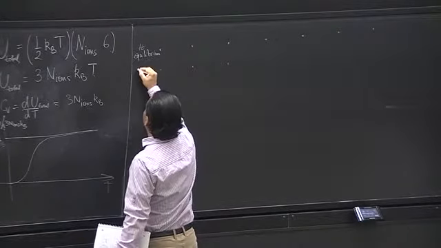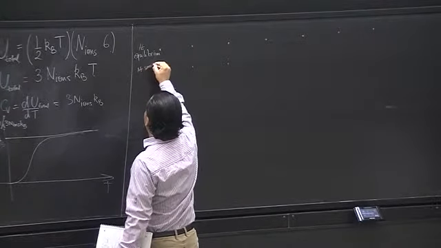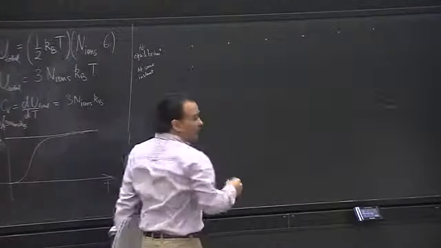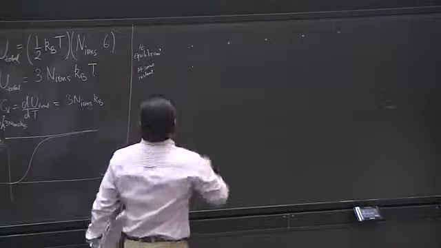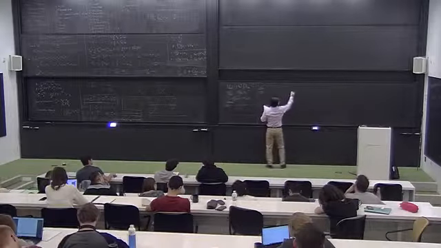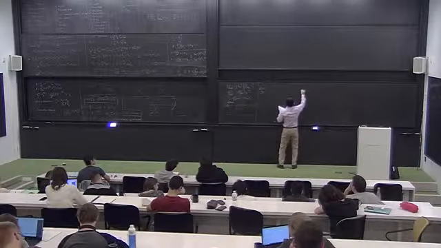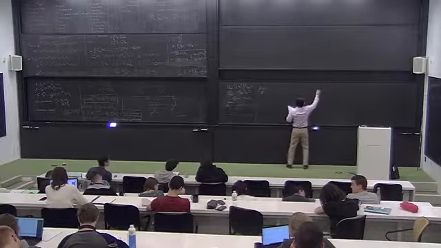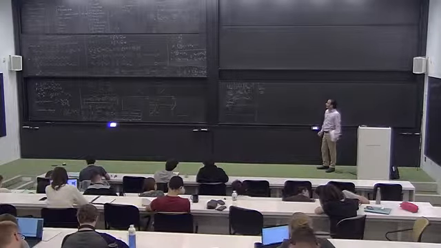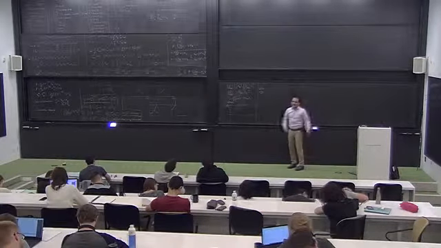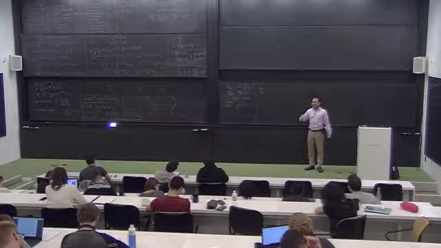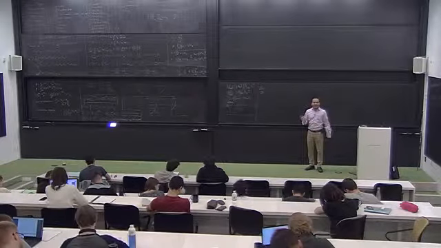Or this is at some instant. Now I'm denoting the location of ions by crosses. So these dots represent the equilibrium position of ions, but these ions are vibrating around their equilibrium position.